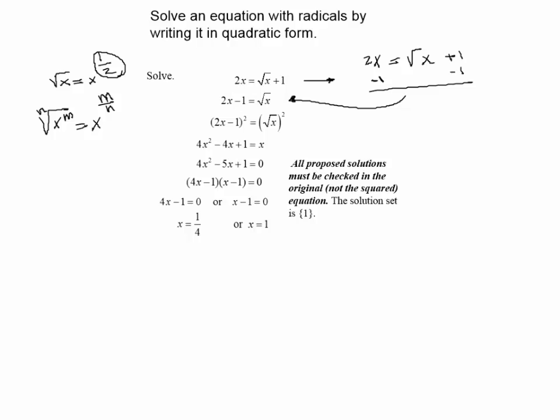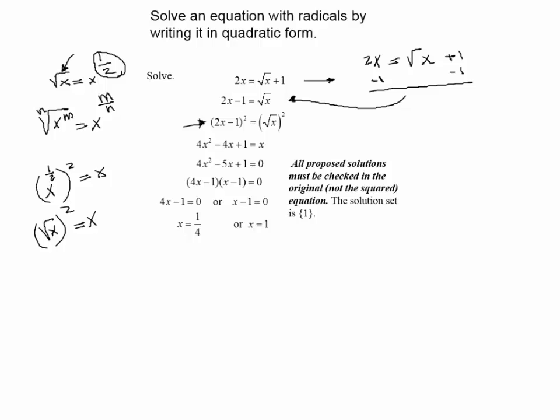So if I want to eliminate the radical, I have to raise this to the power of 2. If I have x to the power of 1/2 and raise it to the power of 2, I get x.